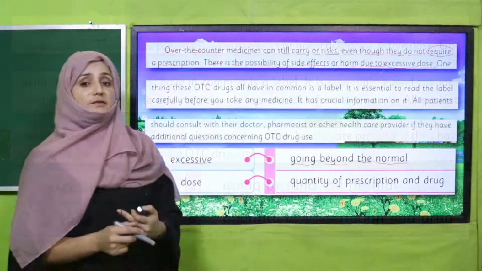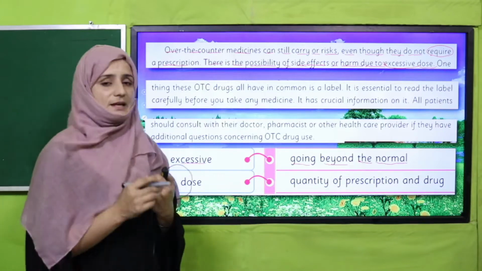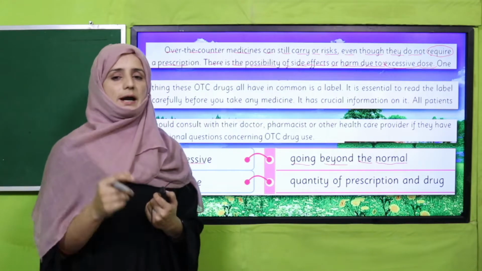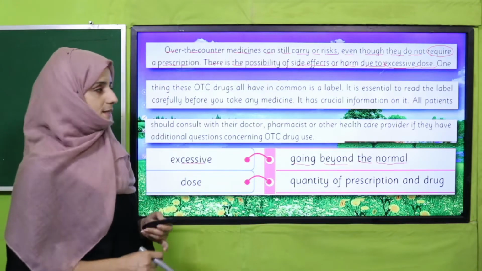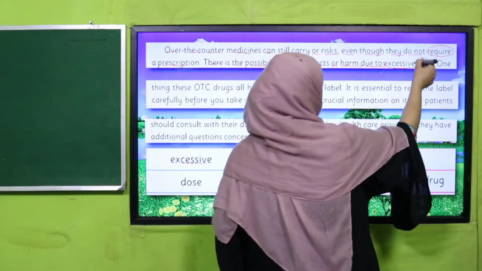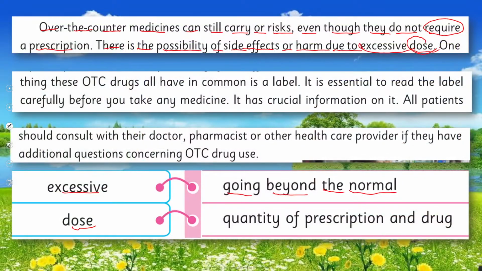In simple words, it means more than the required quantity. And what is the meaning of the word dose? Dose means the quantity of a prescription or drug. Dose means how much quantity we have to take.